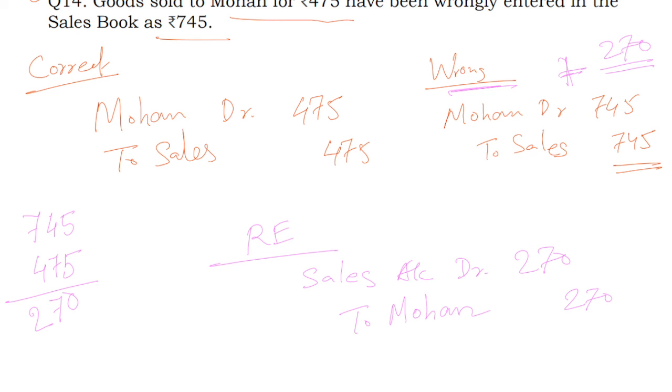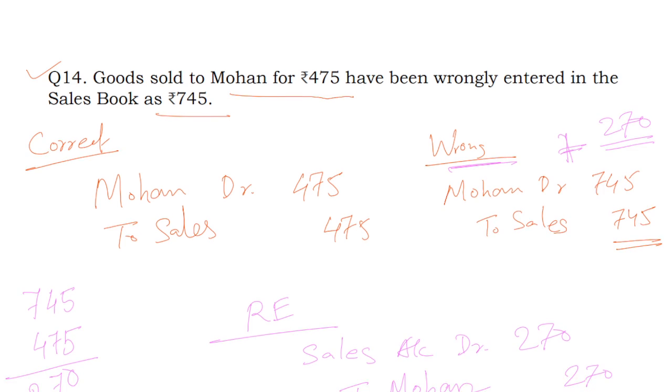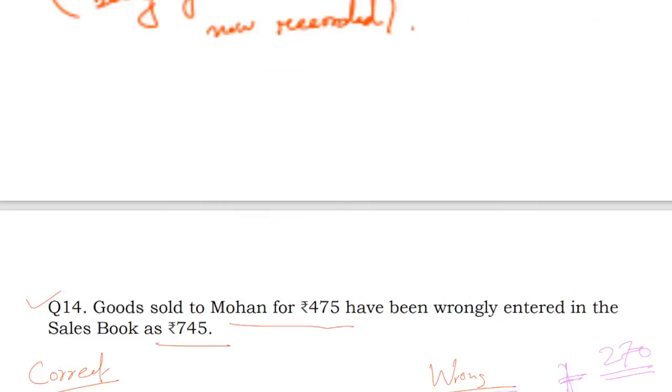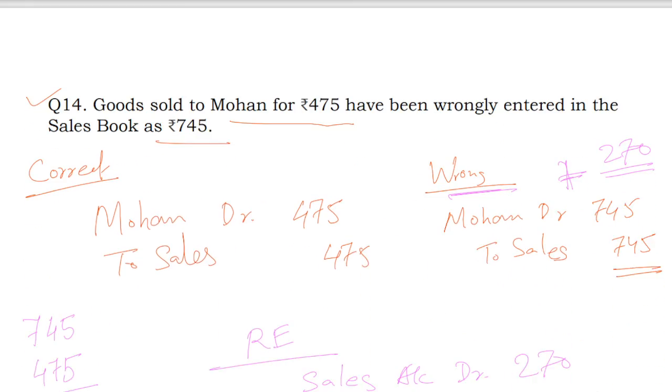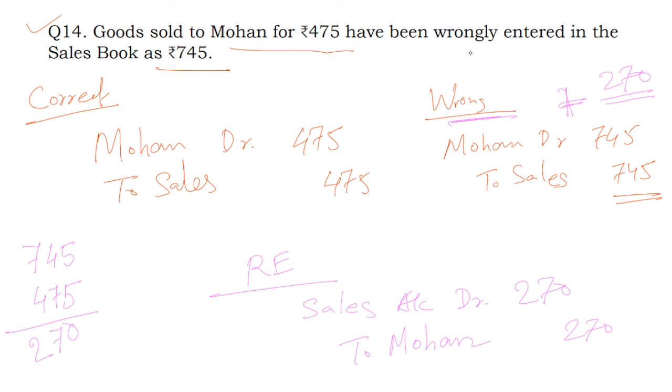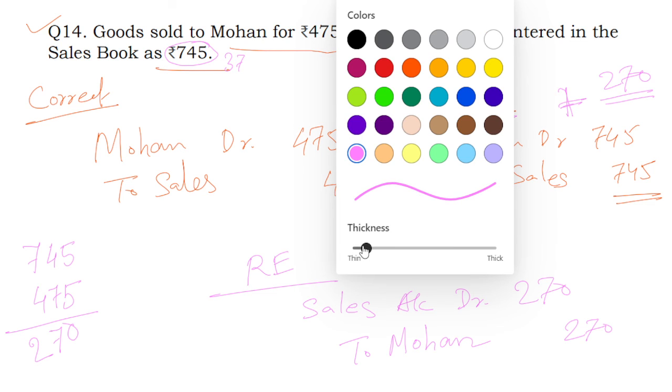Here the amount was recorded with a surplus. But in case it is recorded with a deficit, as asked, it is a good question. Suppose 475 was recorded as 375.